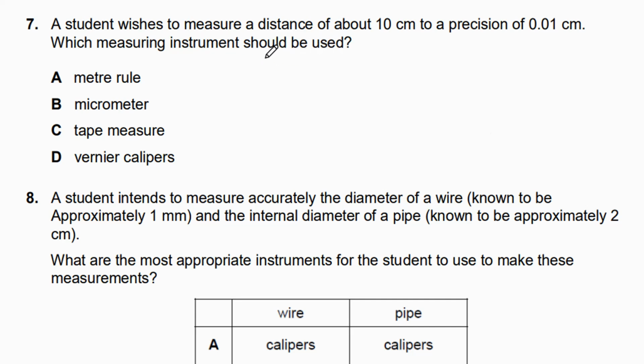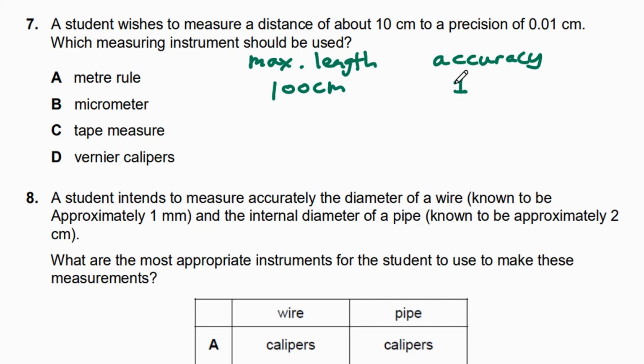We can draw up a little table for the maximum length that each of these instruments can measure, as well as the accuracy. So a meter rule can measure a maximum length of 100 centimeters or 1 meter, and the accuracy is only 1 millimeter.